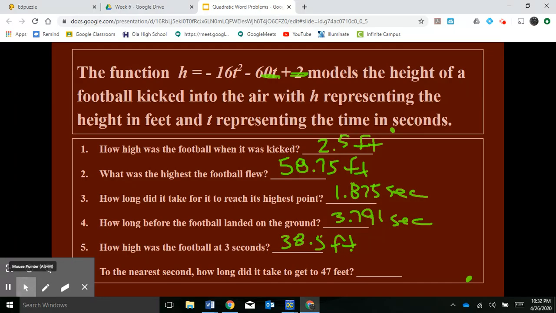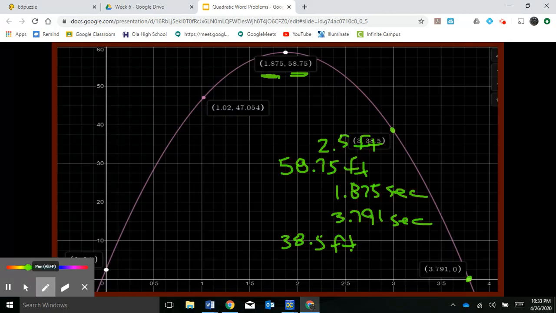When we're doing that last question, it says, to the nearest second, how long did it take to reach 47 feet? So we go back. It said 47 feet, so we're looking over here at 47. Again, you would just trace your mouse over top of the graph, and on Desmos, it will give you the points. 47, that's the closest we could get here.